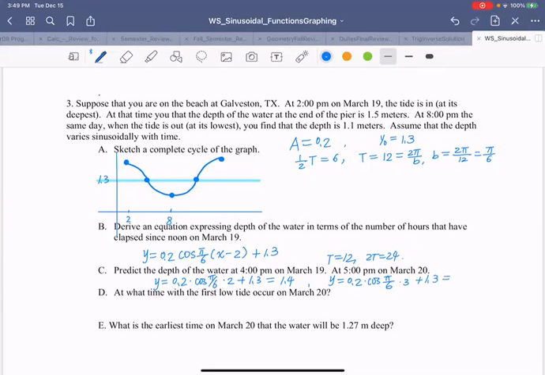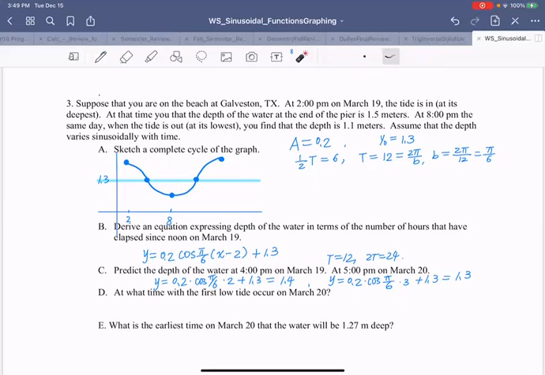Okay, and this guy is 0, yeah? That makes sense? Yeah. Okay. And they ask what time the first low tide occurs on March 20.